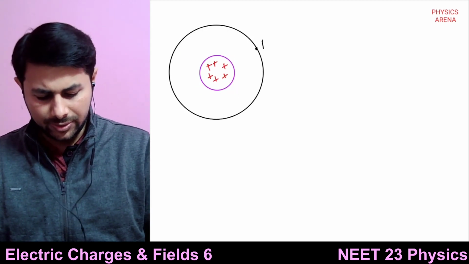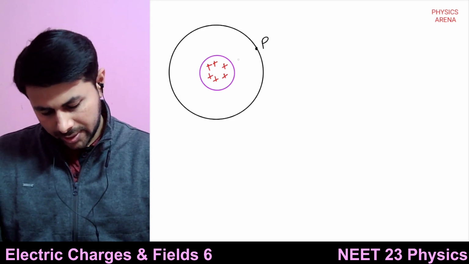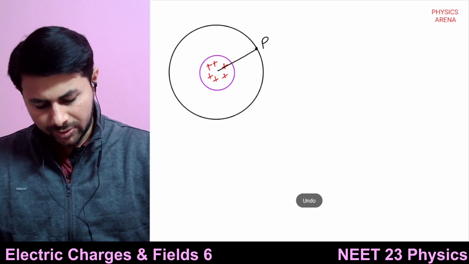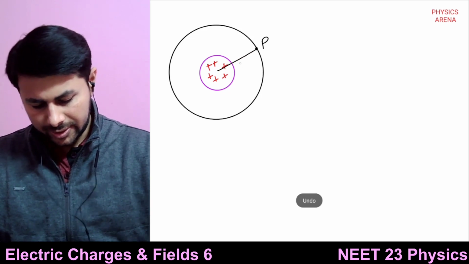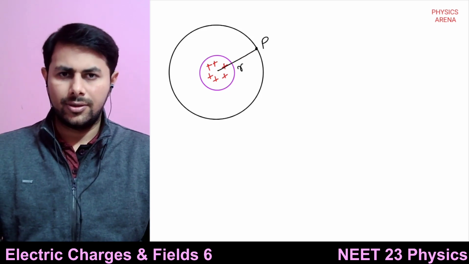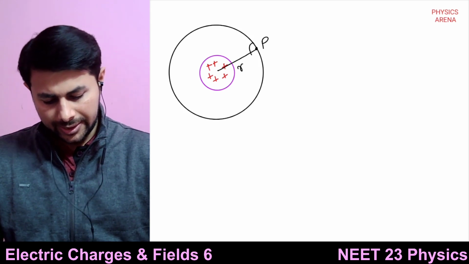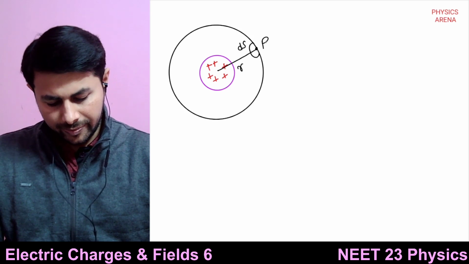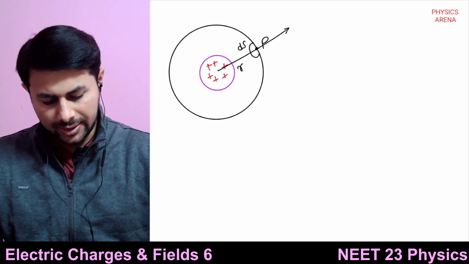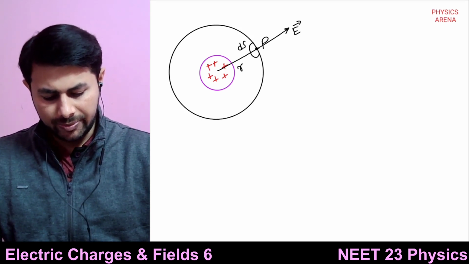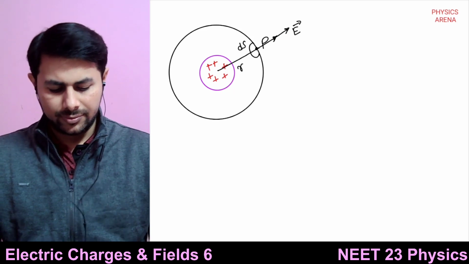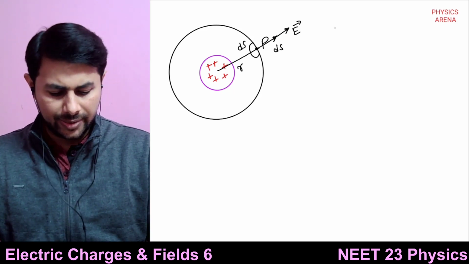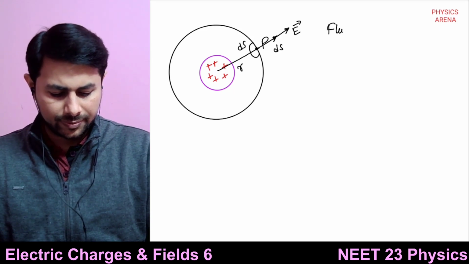So point P is now outside. Let's suppose the distance of point P is small r. Again you take a small area ds surrounding the point P, then the electric field and this area vector will be directed in the same direction.